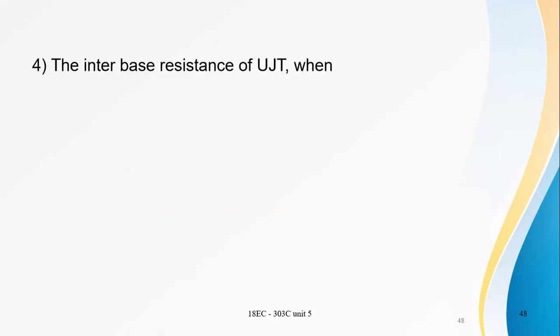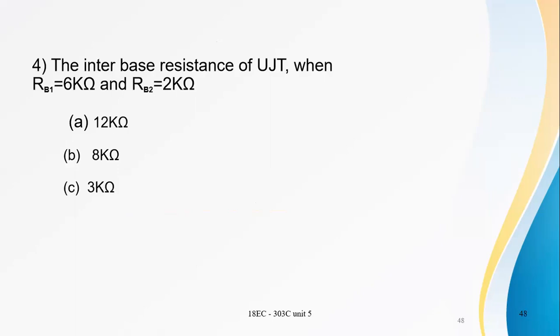The interbase resistance of UJT, when RB1 is 6 kilo ohms and RB2 is 2 kilo ohms. So what is the interbase resistance? Eta equals the ratio of RB1 by total resistance, that is 6 by 8. Option A 12 kilo ohms, option B 8 kilo ohms, option C 3 kilo ohms, and option D 0.3 kilo ohms. The answer is 8 kilo ohms.